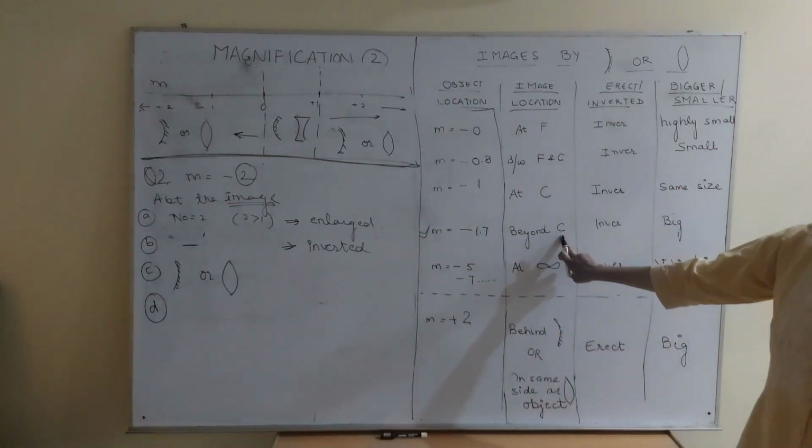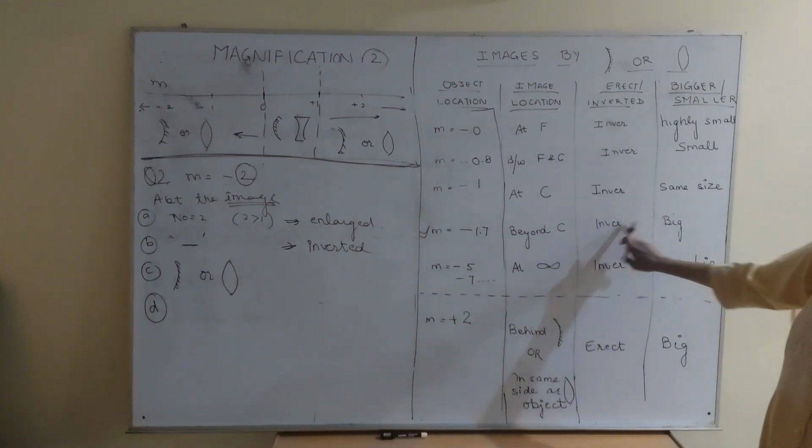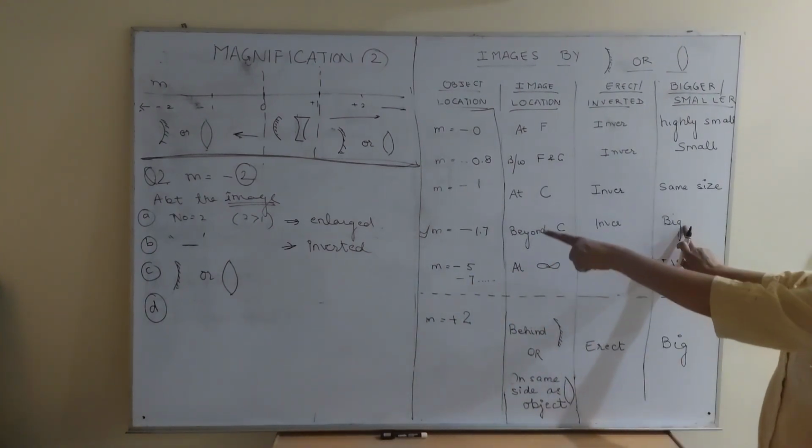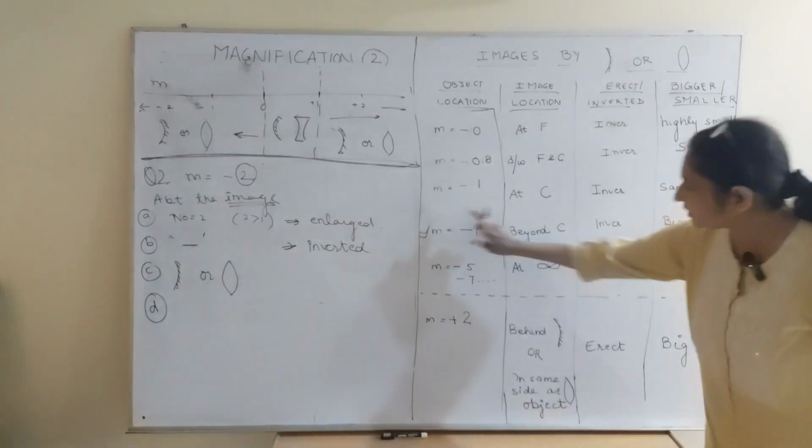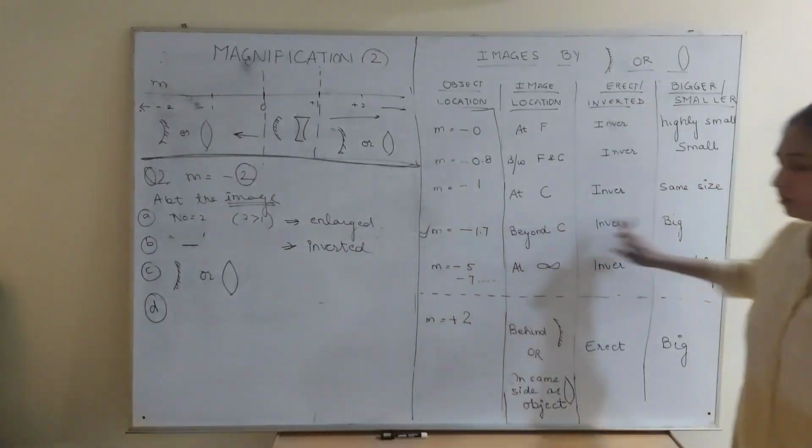Where is the object? In an inverted and enlarged image, the first two answers are here. We'll stick to this row.